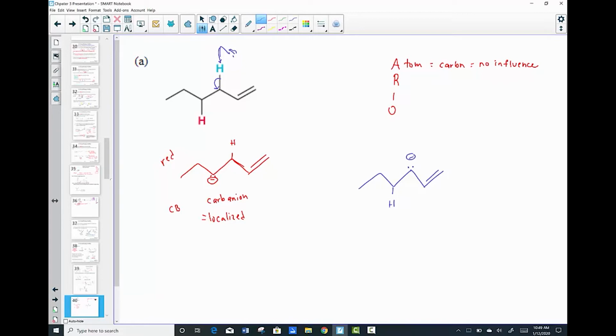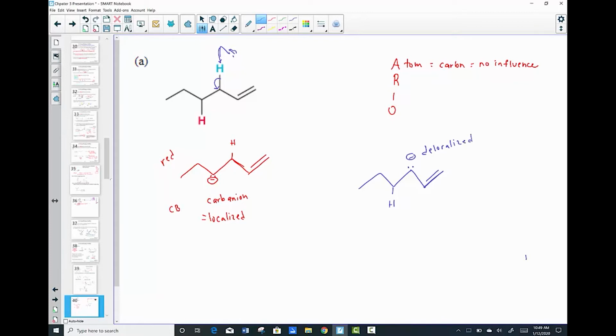So now, does this have the ability to stabilize its electron charge by distributing it through multiple bonds? And clearly you see adjacent is a carbon that's involved in a pi bond, and that's a good thing for resonance. That makes these delocalized.